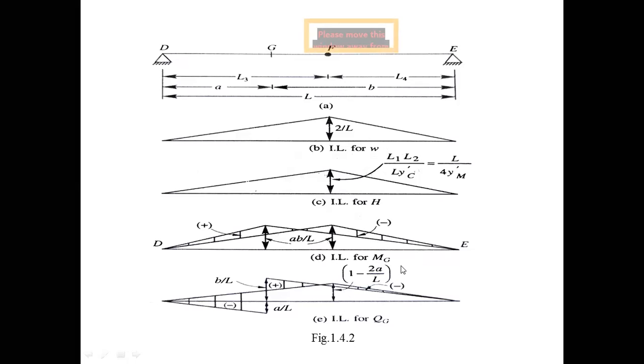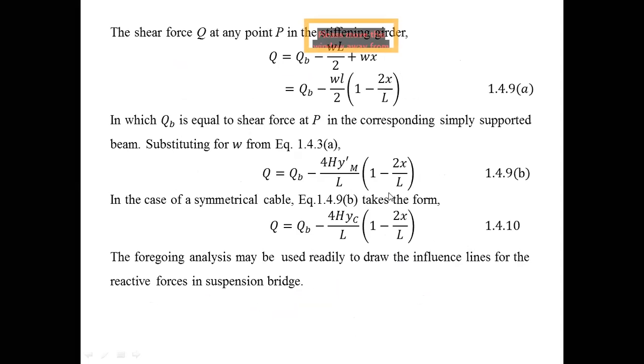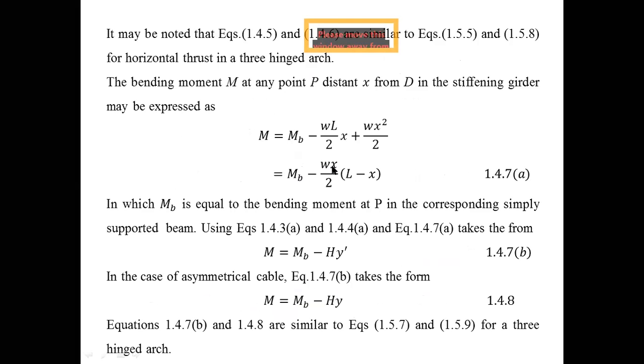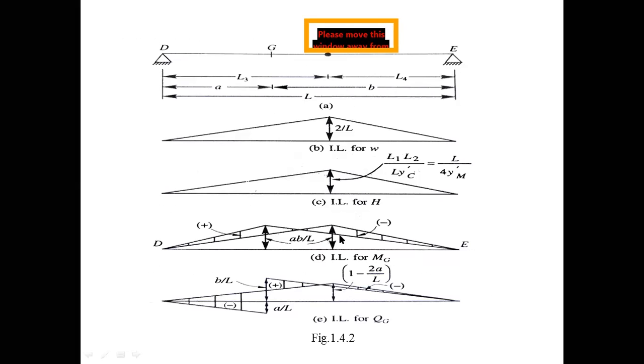So let us see, in place of the equation, simply put x is equal to a. That's enough. MB minus W a by 2 into L minus a. So both ordinates are equal to ab by L and ab by L.